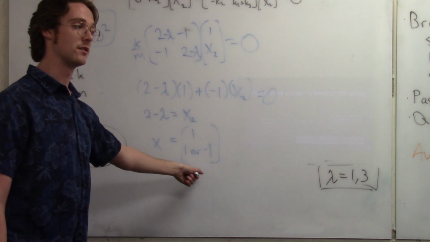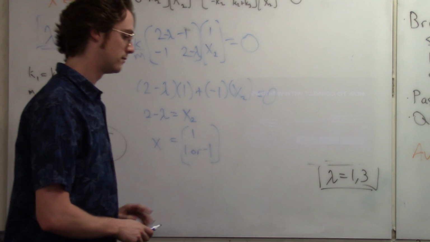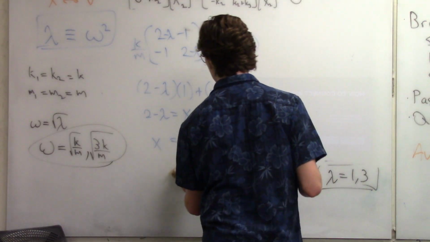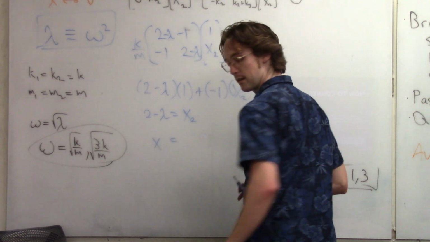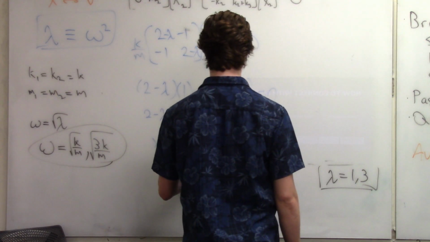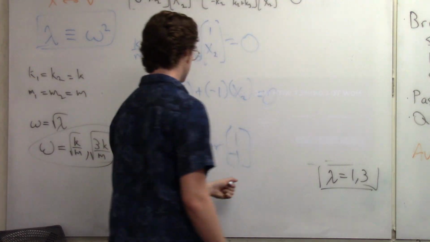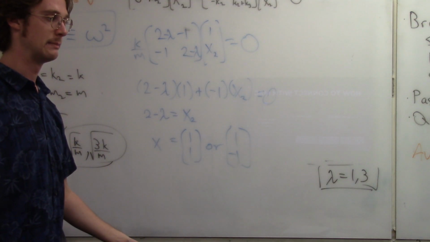These are our eigenvectors right here. Let me write this another way. It's going to be 1, 1, or 1, negative 1. These are our eigenvectors of the system.